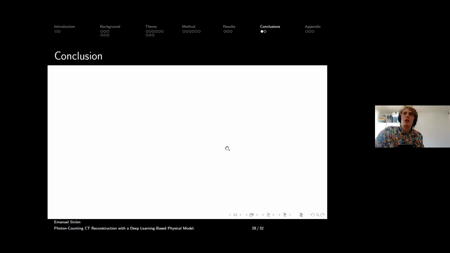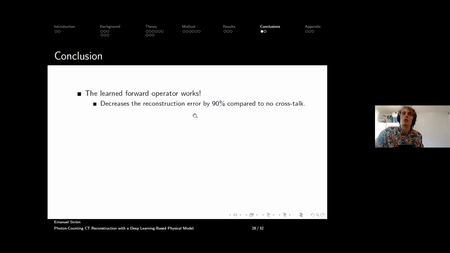So yeah, I think it's safe to say that this learned forward operator works, and it's important to keep in mind that we've used it for a specific toy case with low resolutions. But in general, it seems like it decreases the reconstruction error by 90% compared to when we don't use crosstalk at all. And it decreases computation time by 50% compared to when we use crosstalk.